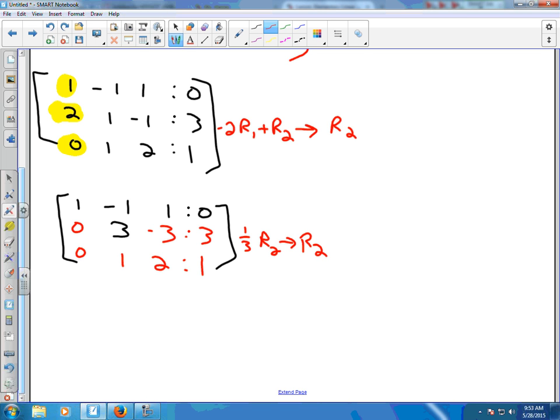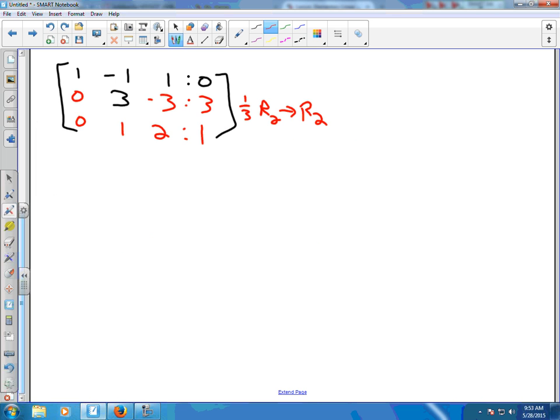So that's going to give us our pivot there in the second row as a 1, because for row echelon we have to have 1s in our pivot positions. So if we do each of those by 1/3, we get a 0. 3 times 1/3 is 1, then -1, then 1.